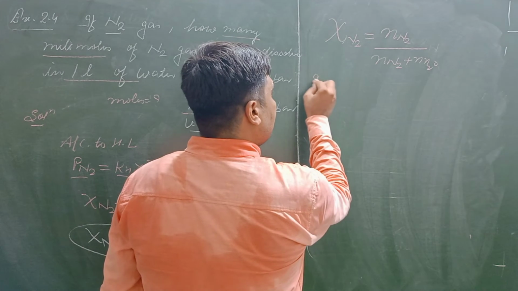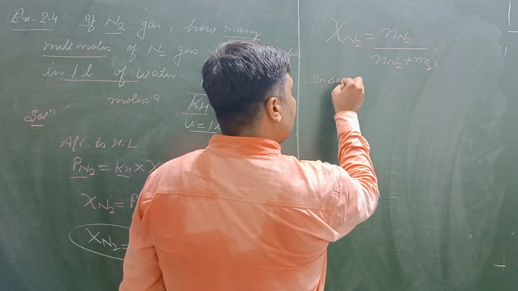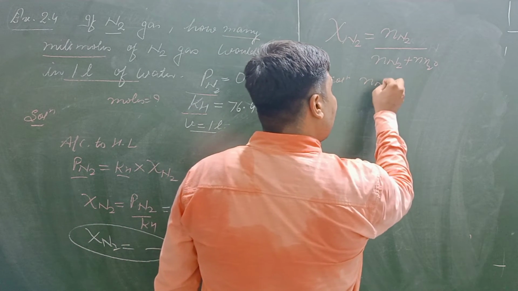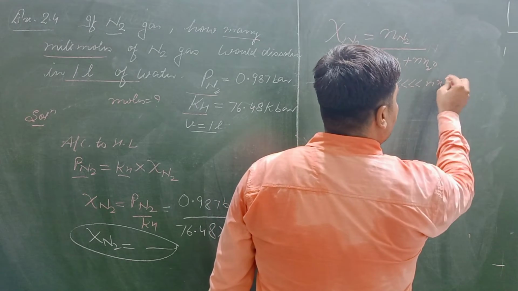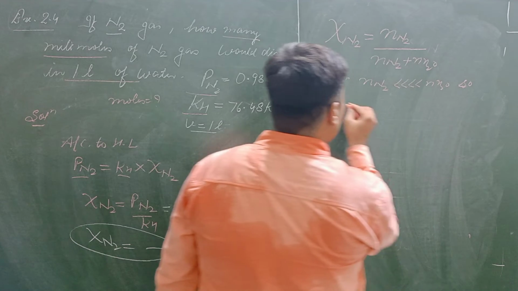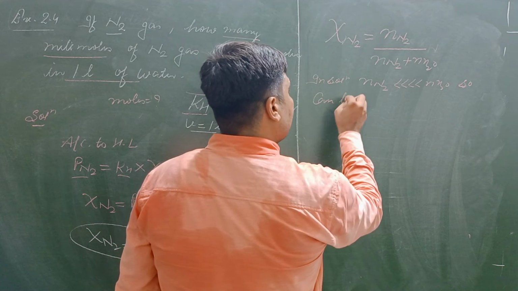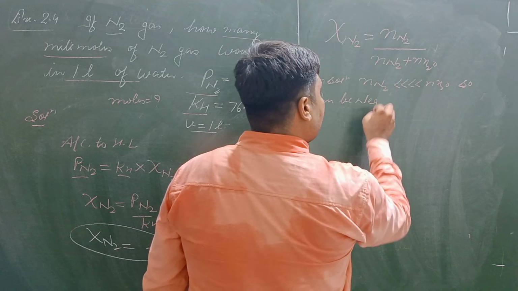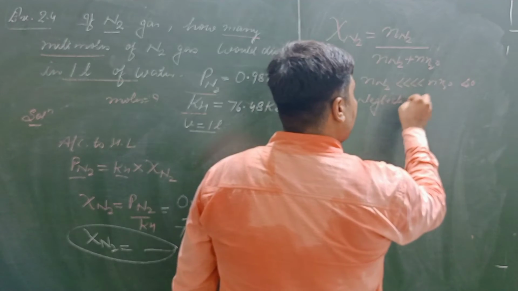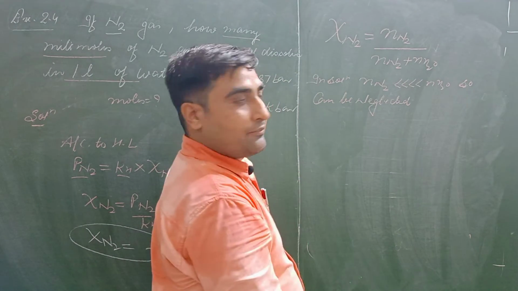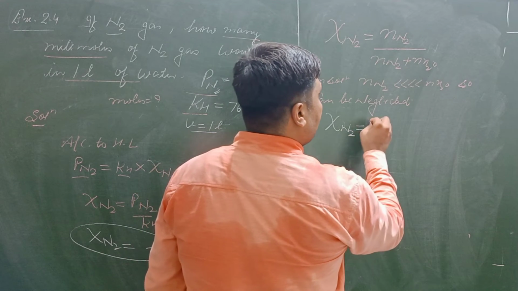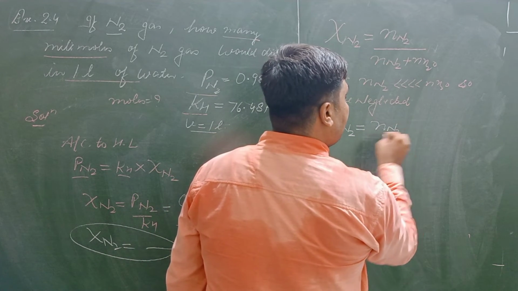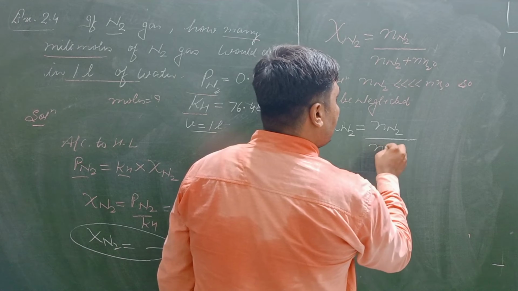In solution, number of moles of gas is very less as compared to number of moles of water, so it can be neglected. And here we find that mole fraction of nitrogen equals number of moles of nitrogen divided by number of moles of water.